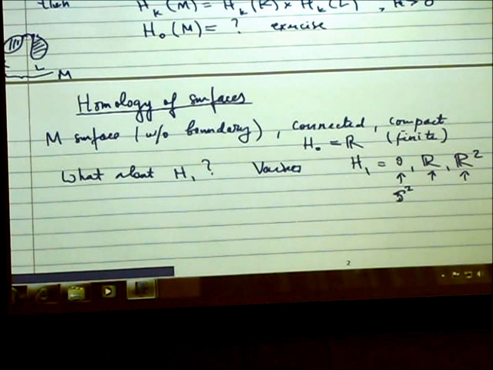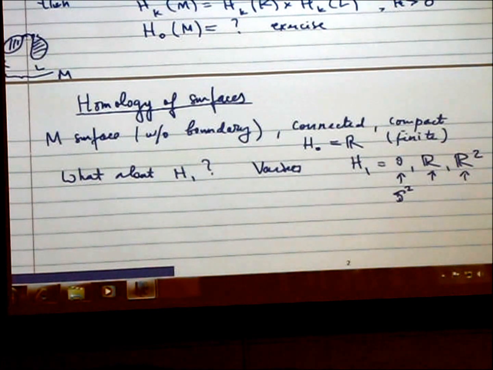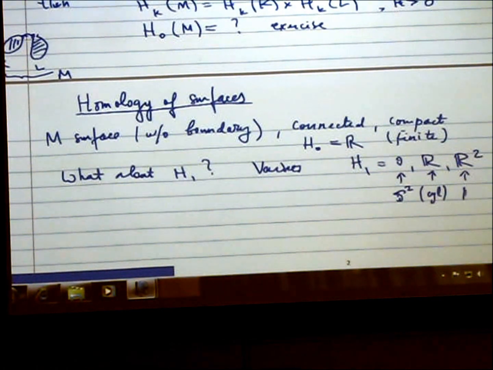For surfaces without boundary. With boundary, what is the surface with boundary where H1 is equal to R? Yes, well, I actually meant a cylinder. But they are with boundaries, so we can't really use it here. And for R squared, it is the torus, and then you can go on and on with as many R's as you like, just doing the connected sum, right?